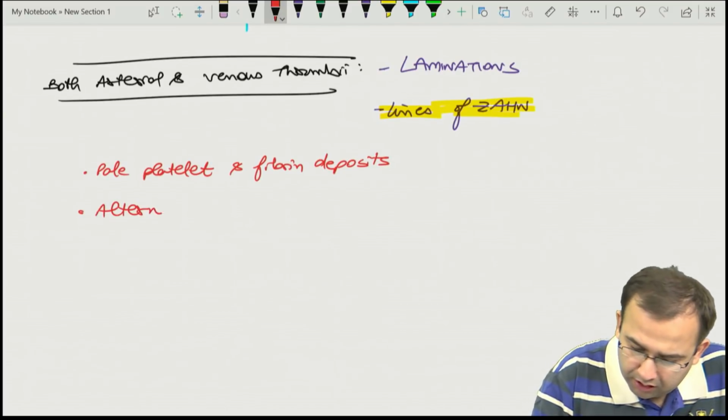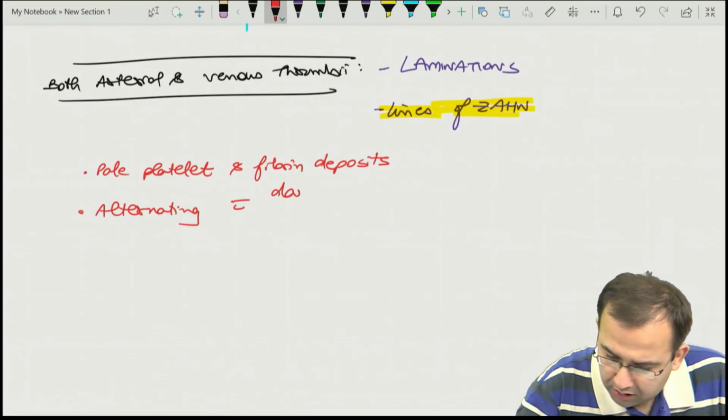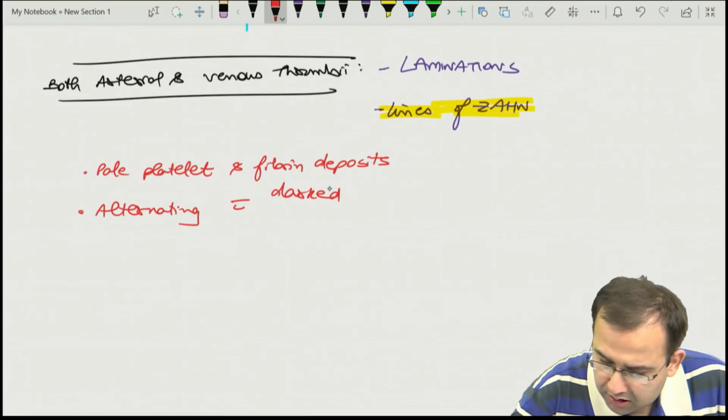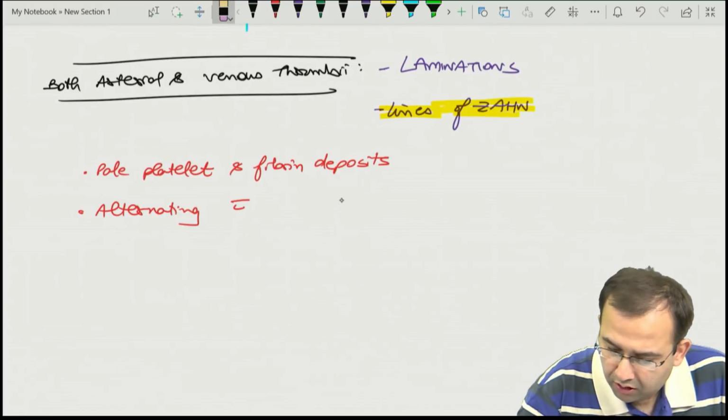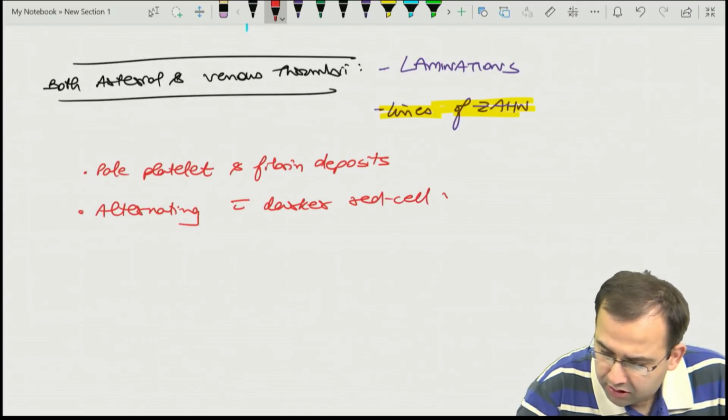Which are alternating with darker red cell rich layers.